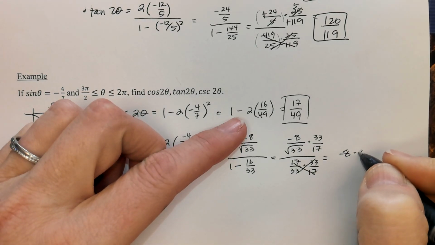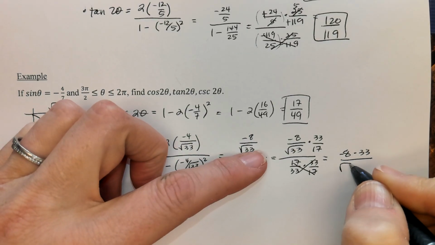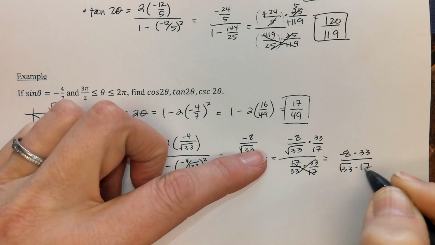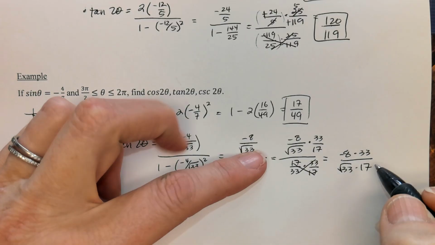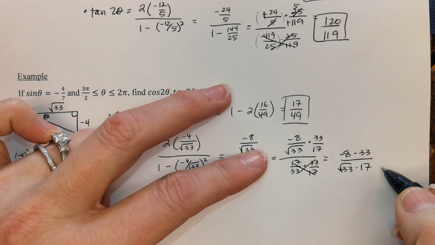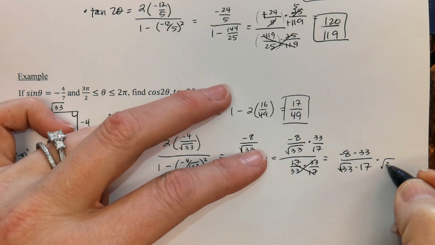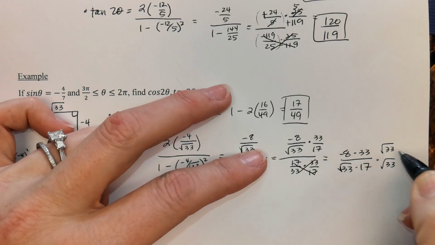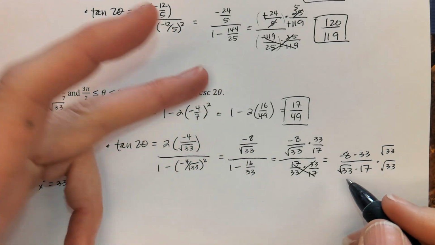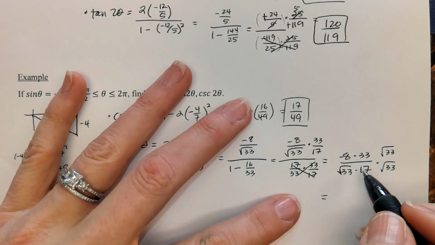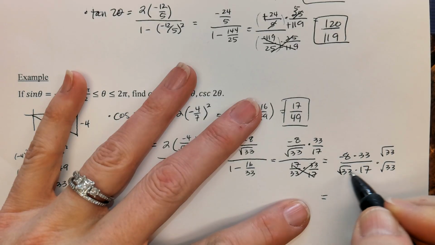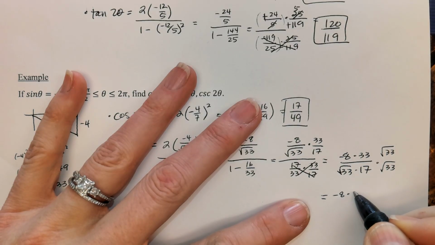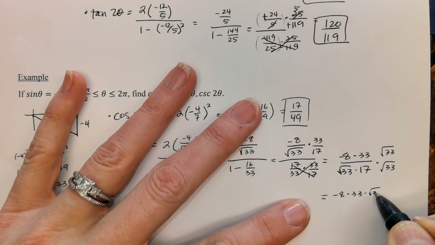And I know this is weird, but I'm going to write them like this because we know some stuff's going to cancel. We've got this root to deal with, and by multiplying both the top and the bottom by square root of 33 to get rid of it, I'm going to actually end up with some stuff that can cancel. So when I multiply these two roots, on the top I'm going to have negative 8, I'm going to have 33, and I'm going to have root 33.